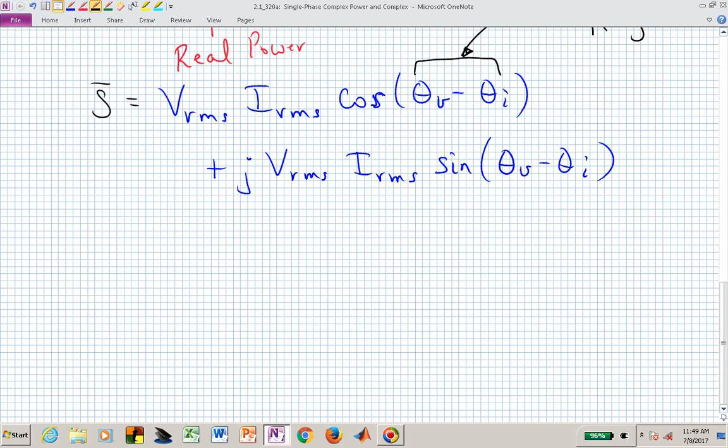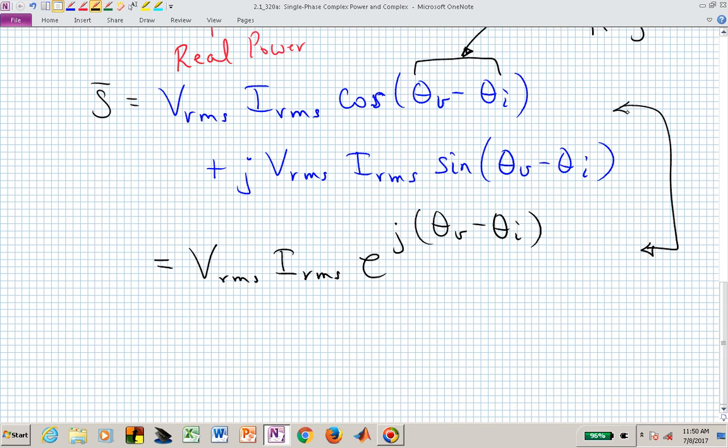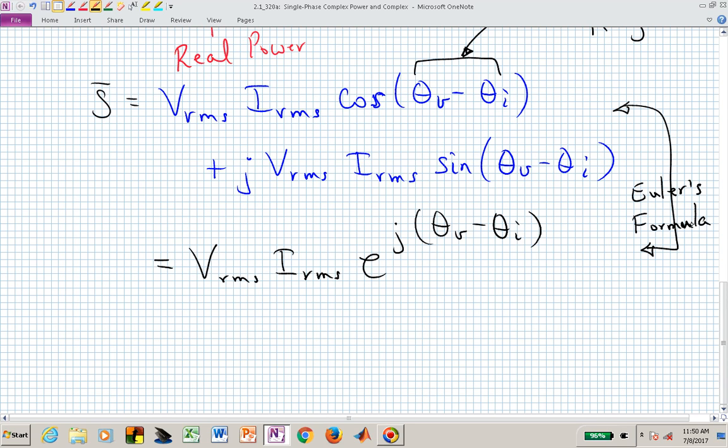We have a complex number, a real part that's P, an imaginary part whose magnitude is Q, but now if we apply Euler to this, both of these terms, the real part and the imaginary part, share the same magnitude, but now we have a cosine theta, I'll just say theta, plus j sine theta involved, but that's really just this complex exponential, e to the j theta sub V minus theta sub I. So now this connection is coming to us by applying Euler's formula.